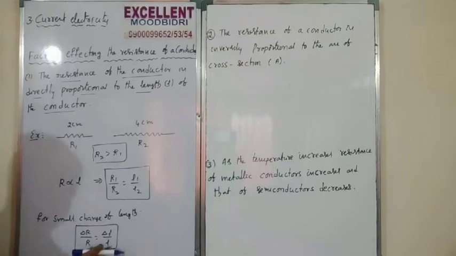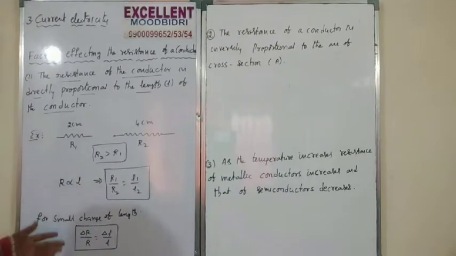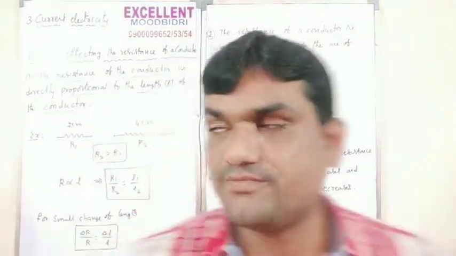In the units and dimensions I have given these formulas so many times. The change in length by original length, the change in resistance by original resistance, is nothing but small change of length. This is the first factor now. The resistance of the conductor is directly proportional to the length of the conductor. Right, finish.